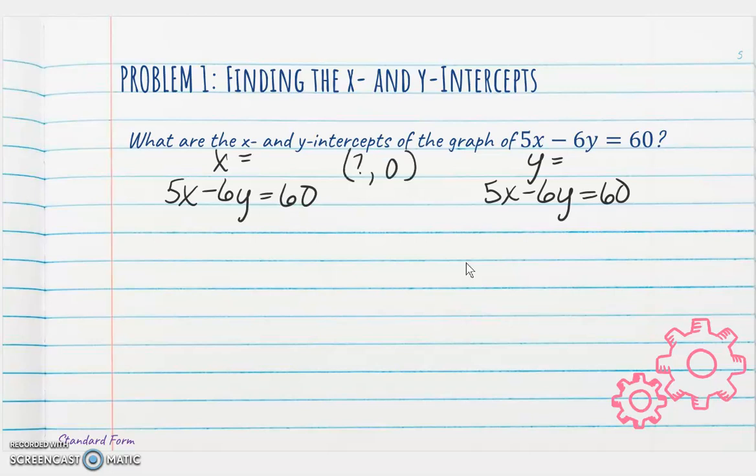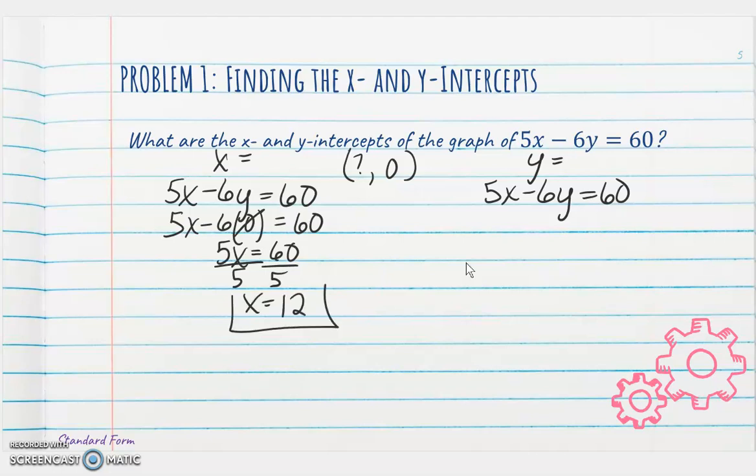So I don't know what the x is going to be, so I'm going to plug in 0 for my y. That goes away. So 5x equals 60. Divide that by 5. x equals 12. So when y is 0, x is 12. There's your x-intercept.